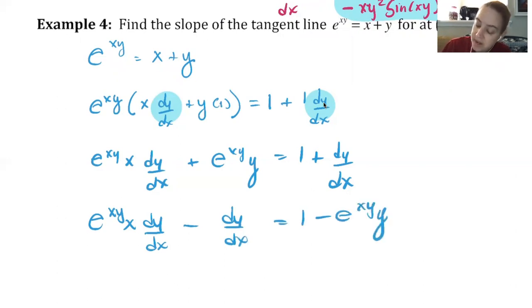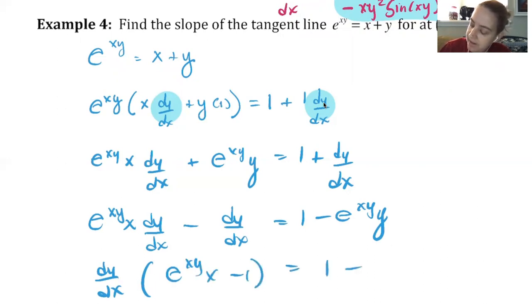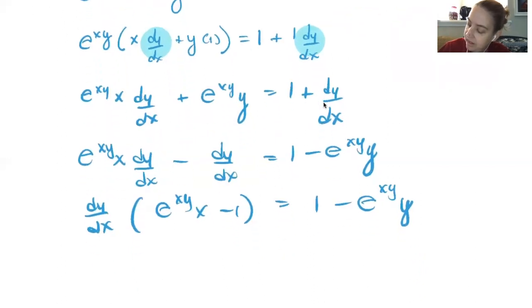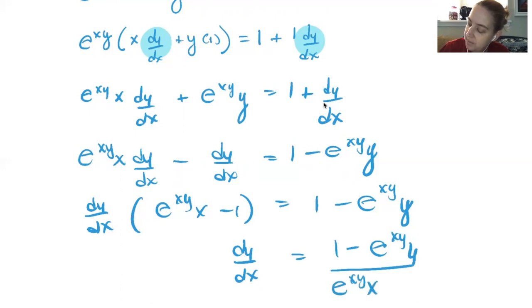Factor out dy/dx: e to the xy x minus 1 times dy/dx equals 1 minus e to the xy y. And divide. dy/dx is equal to 1 minus e to the xy y over e to the xy x minus 1.